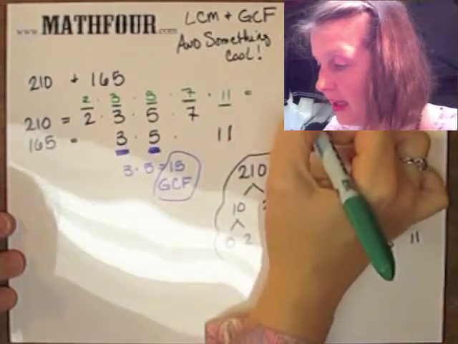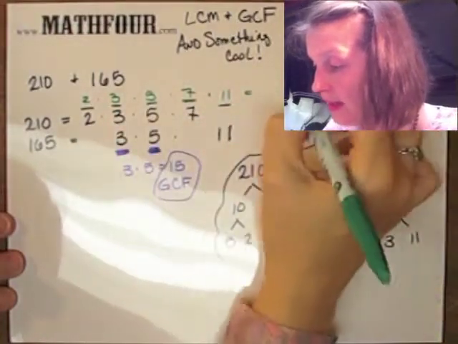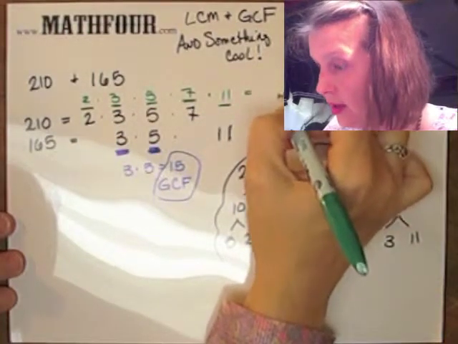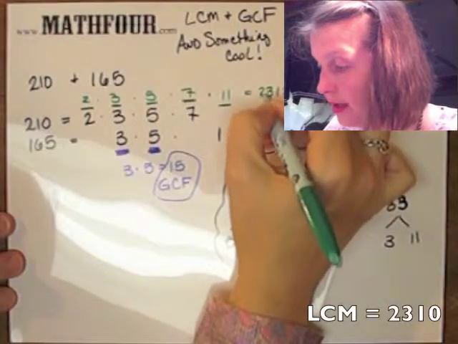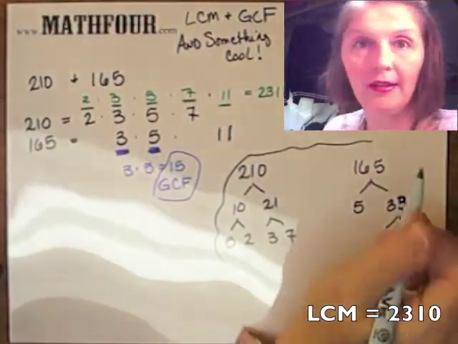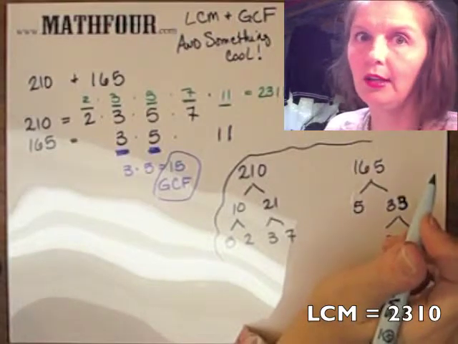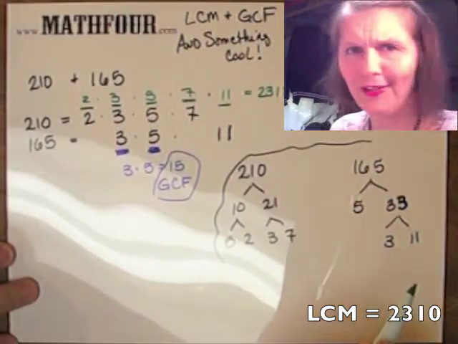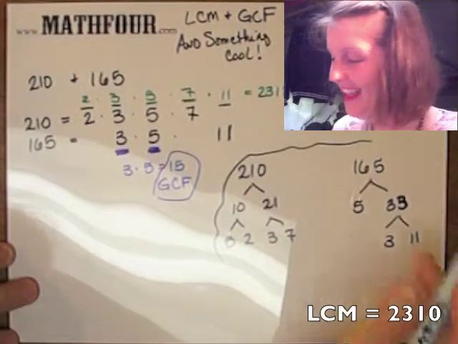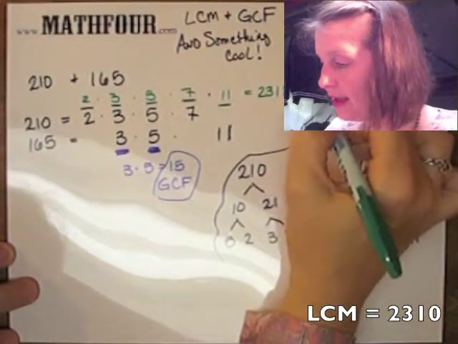And I know that's 210 times 11, so that's 2310, because I know how to multiply 11s. A totally other post that I haven't done yet, but I will. So this is my least common multiple.